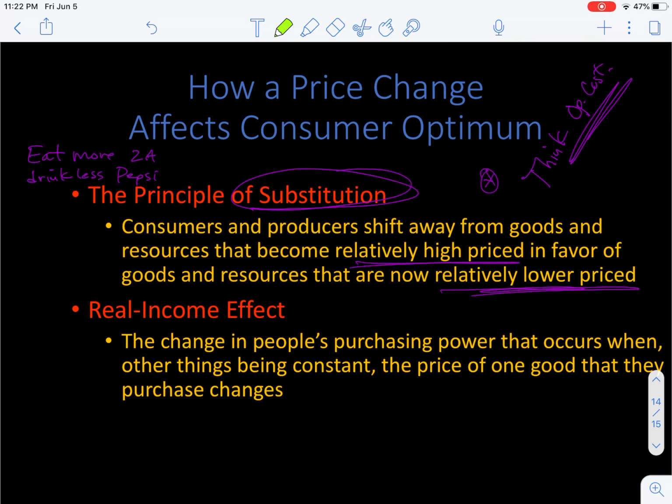Now, what about the income effect? So you have the substitution effect, and then you have the income effect. The income effect has to do with, are you relatively richer or relatively poor? Do you feel effectively richer or effectively poor? Well, if you have $10 in your pocket and you were going out with your friends to a pizza shop where you can buy pizza for $2 and Pepsi for $1, right?